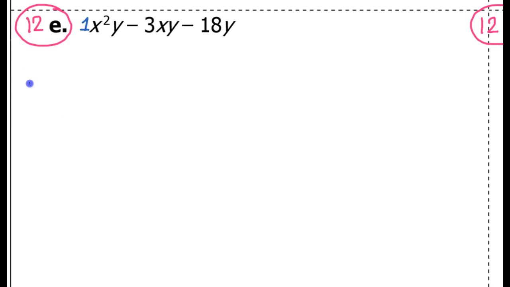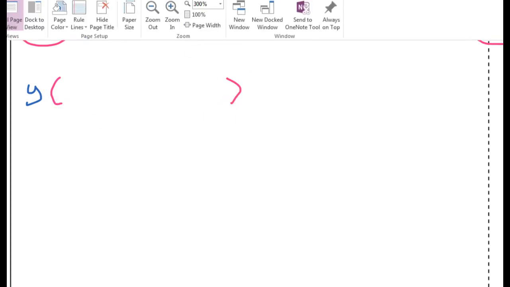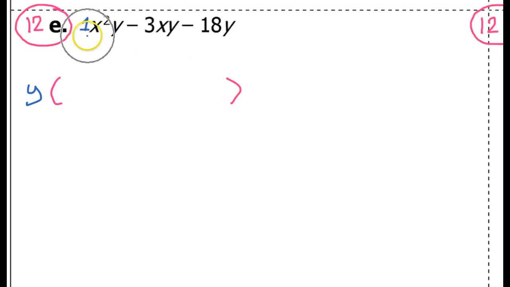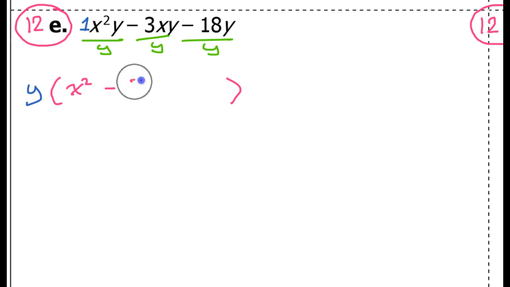So that means y is the GCF. So I'm going to have parentheses to hold the leftovers. And to figure out what the leftovers are, I simply divide by the GCF. So that's going to make x squared minus 3x minus 18, as all the y's cancel out.